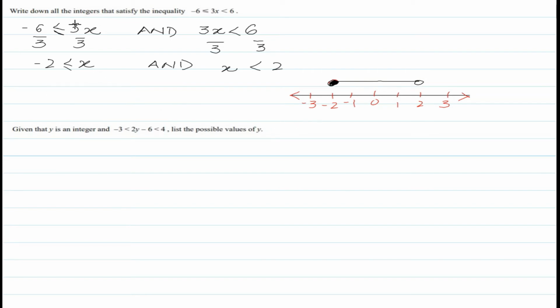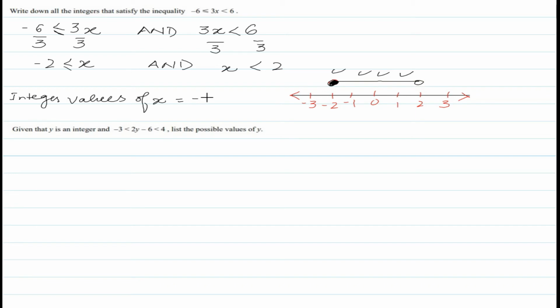Since in the question he has asked you to write all the integer values of x, the integer values of x equals, so what are the integer values in this? Minus 2, then minus 1, then 0, and then 1. 2 is not included, so you will not write that.